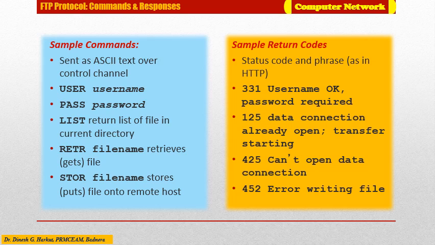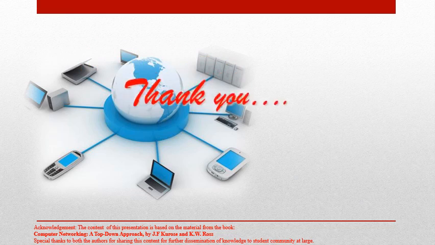Some sample return codes from the server side include 331, username supplied by the client is okay, password required; 125, data connection already open, transfer starting; 425, cannot open data connection; and 452, error while writing the file. These are some examples of sample return codes from server to client and some of the commands issued by the client to the server. Thank you very much for listening to me till the end.